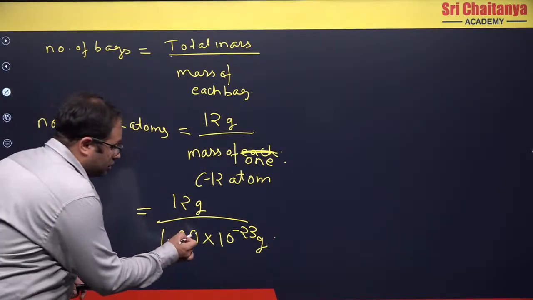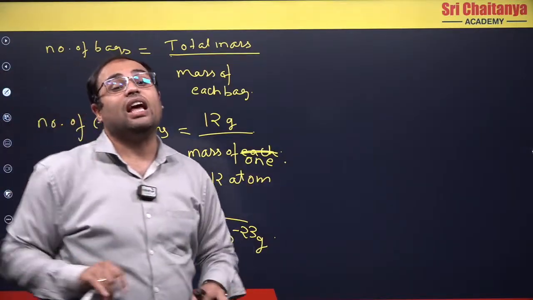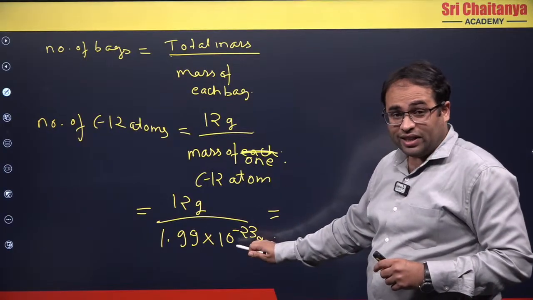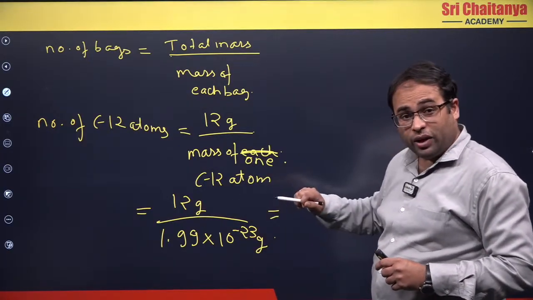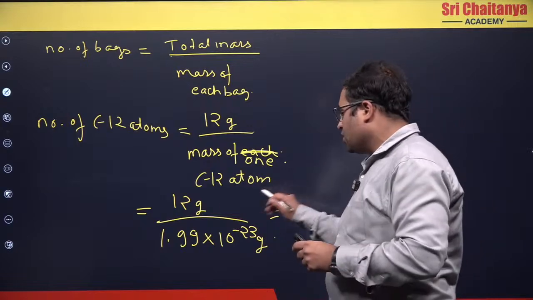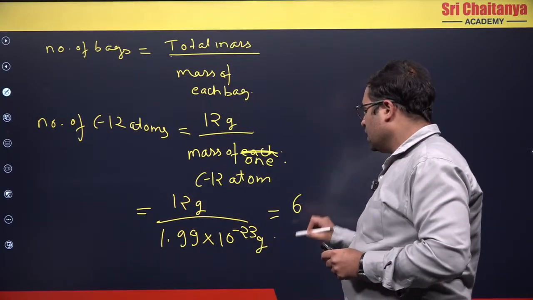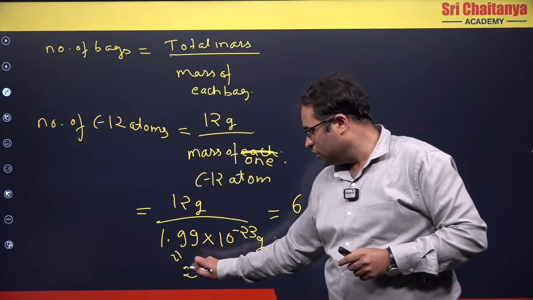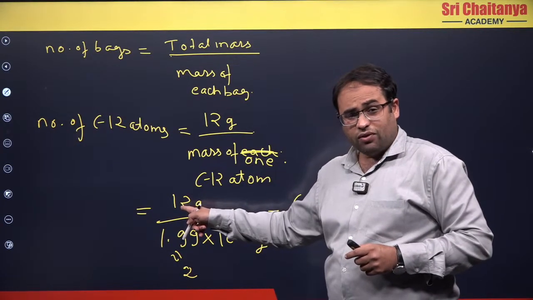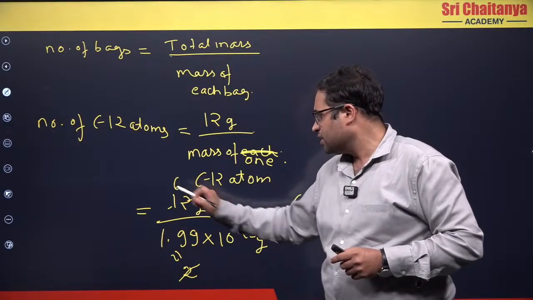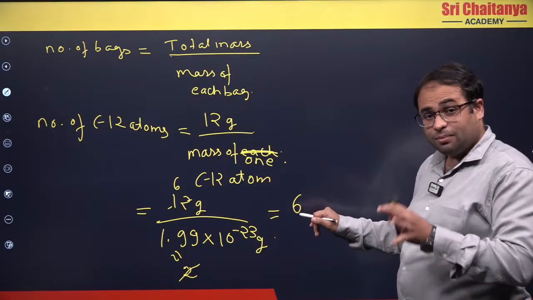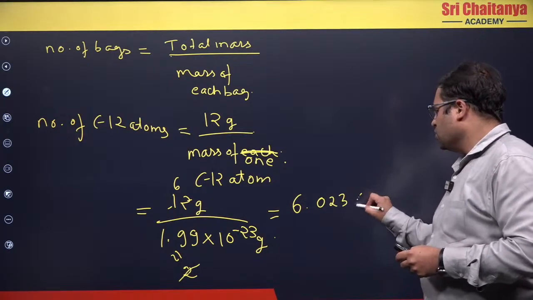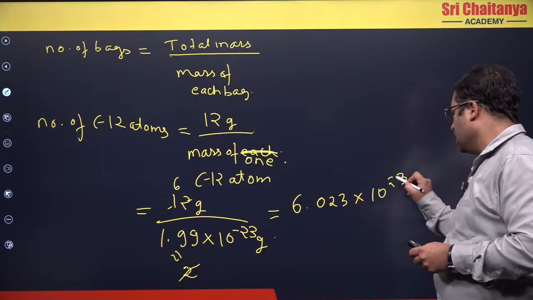If you do this division, something magical happens. You can see this minus 23 will go in the numerator and will become plus 23. And this value, 1.99 is approximately 2, right? 2 divided by 12, you can cut it by 6, so you'll get approximately 6, but we have to be exact: 6.023 into 10 raised to power 23.